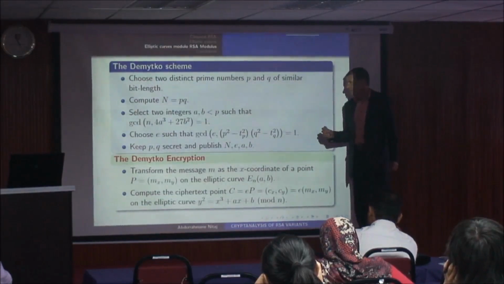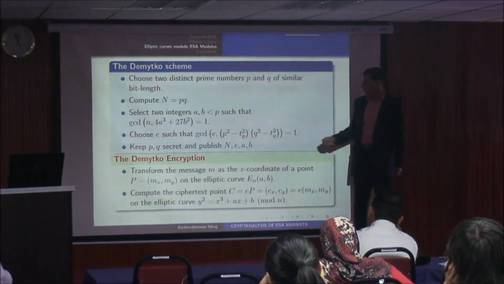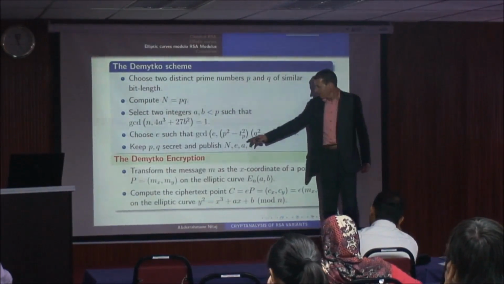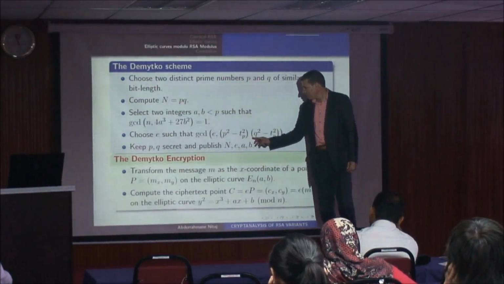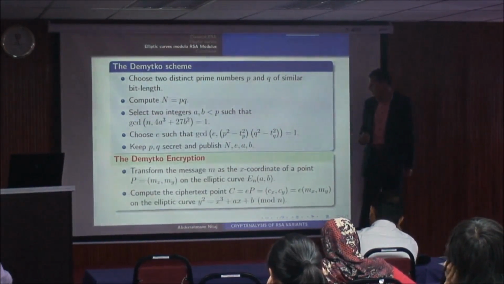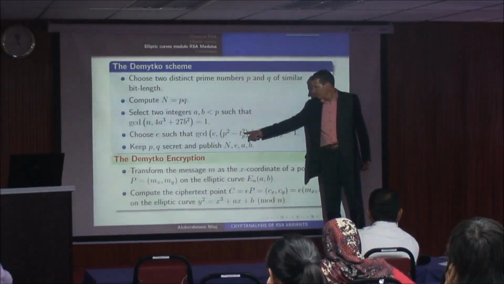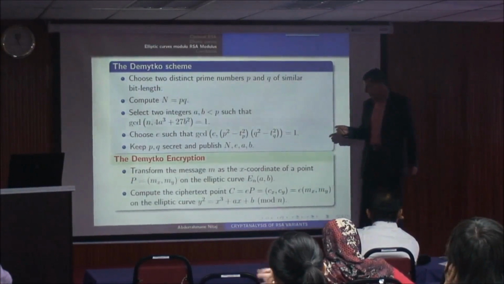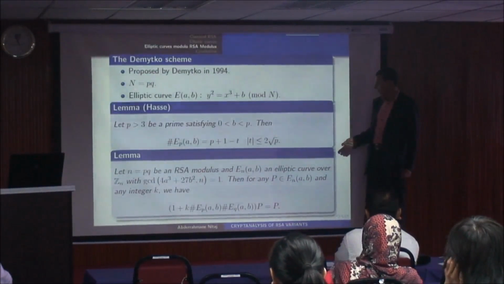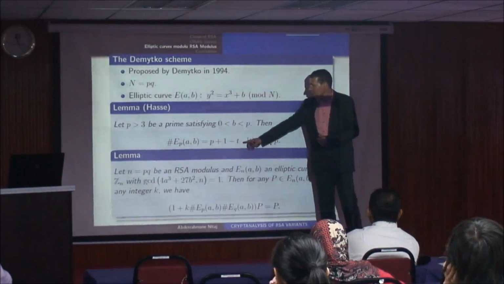We choose an integer E such that the GCD of E and this product is 1. Here TP and TQ are the numbers that appear in the Hasse lemma.